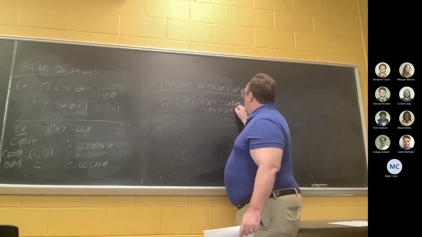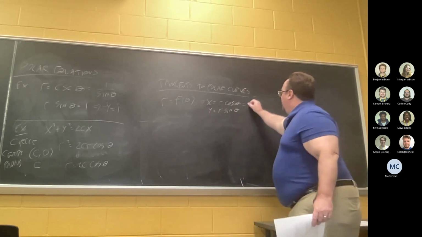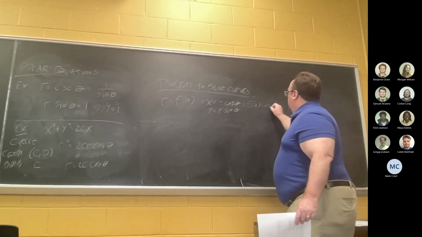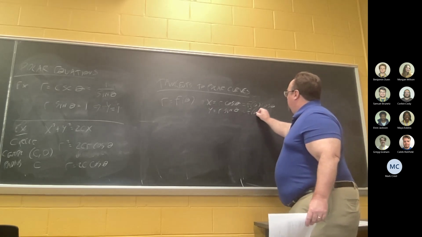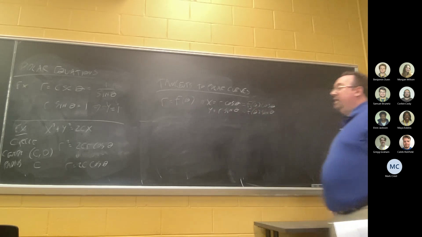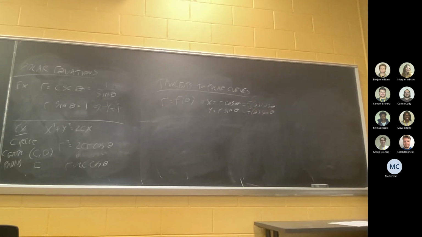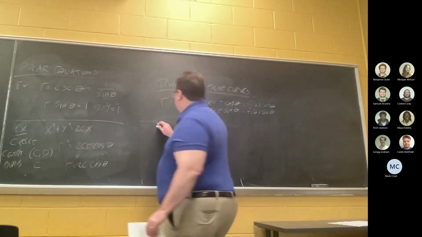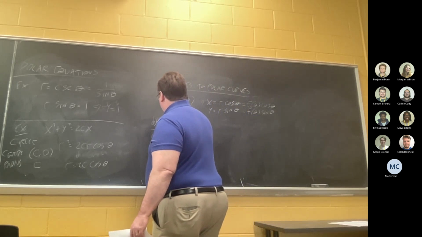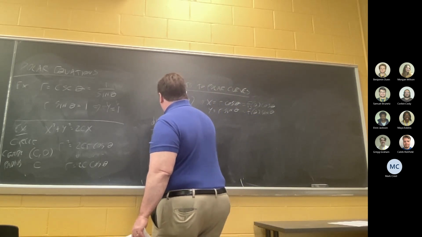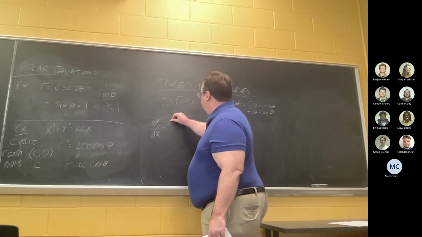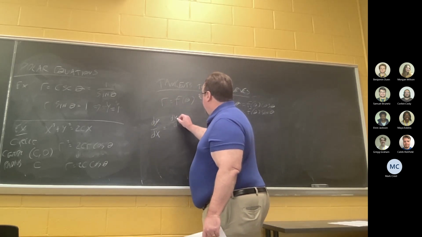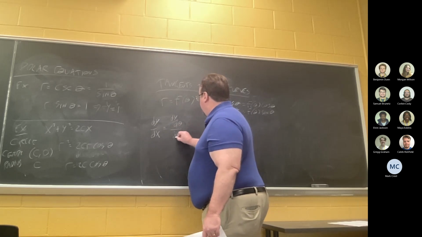Y is r sine theta, where you would fill in f of theta for r. So these are parametric equations of your curve. Now, we saw before that for a parametric curve, the slope of the tangent line is dy d theta, where theta is whatever parameter you have, over dx d theta.